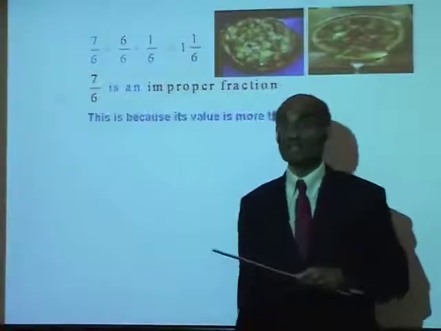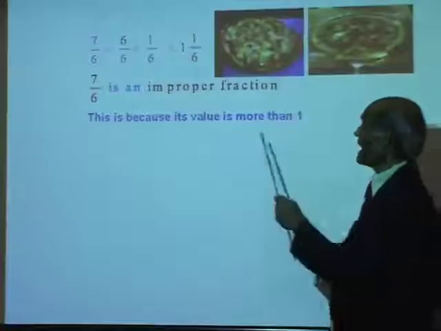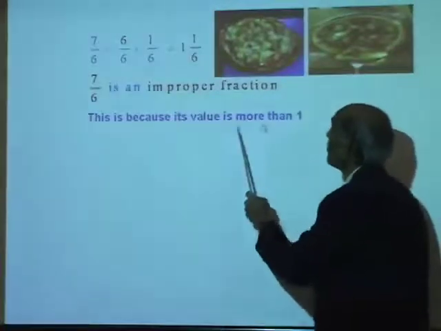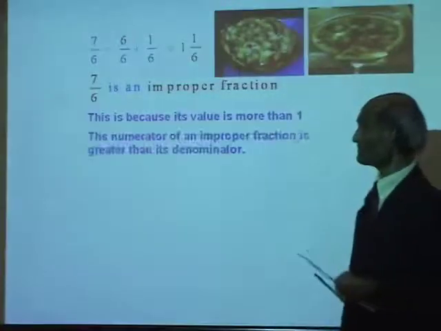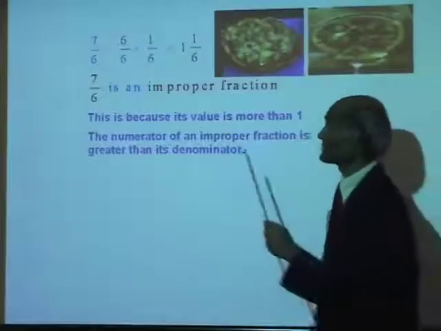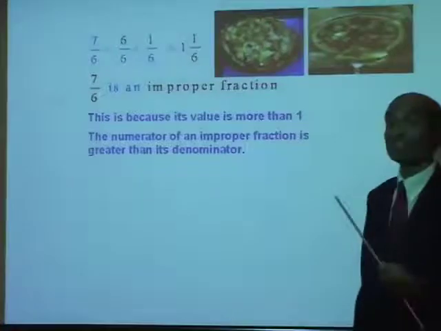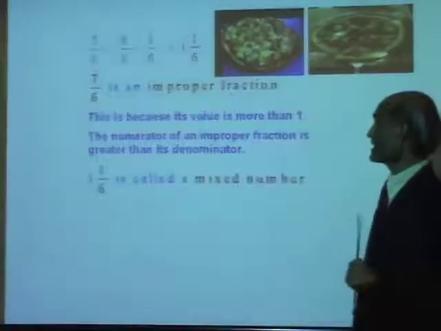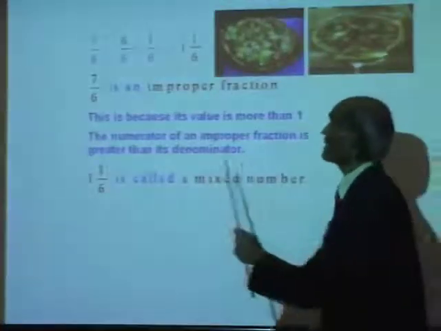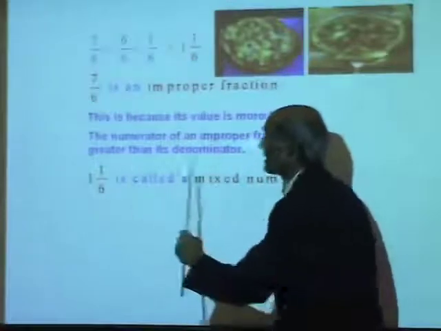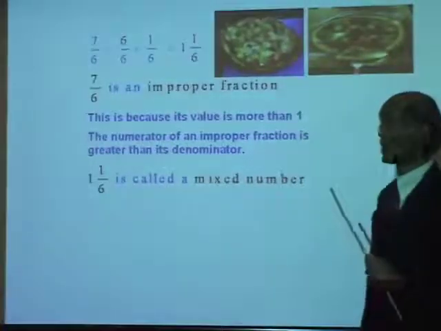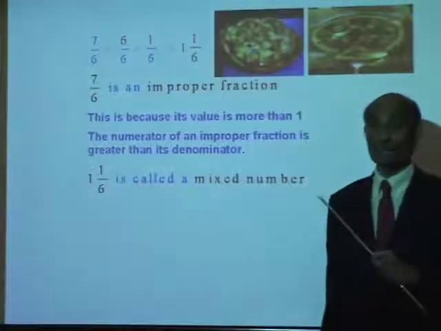You see that? An improper fraction has a value that is more than 1. And as a result, the numerator of an improper fraction is greater than its denominator. And we already said 1 and 1 out of 6 is called a mixed number.